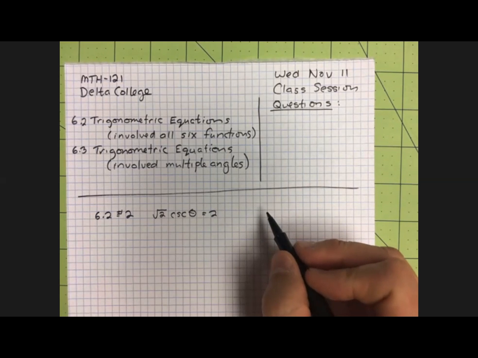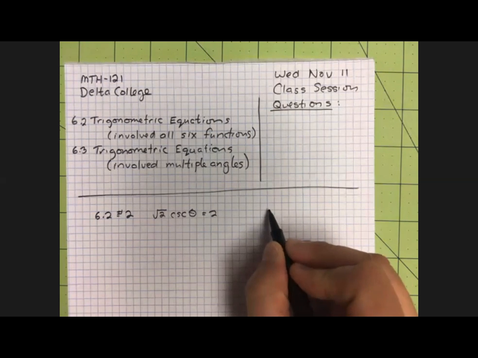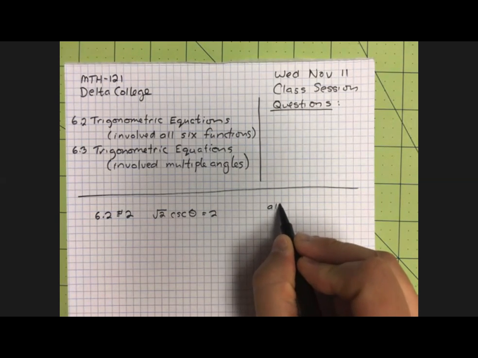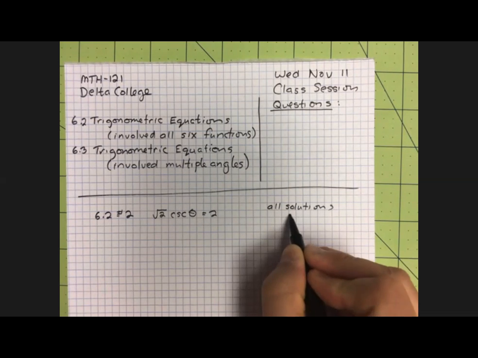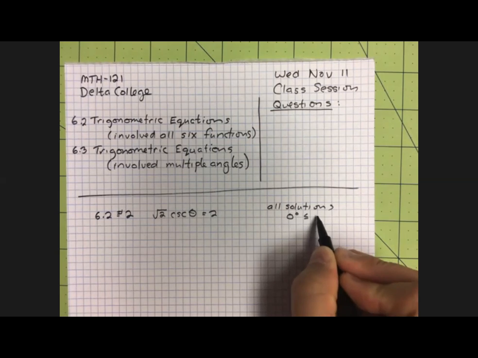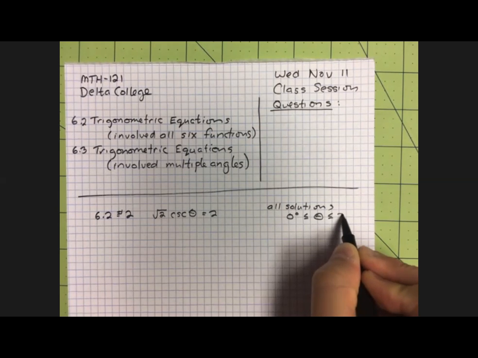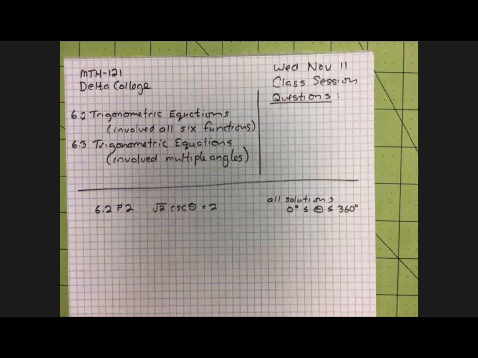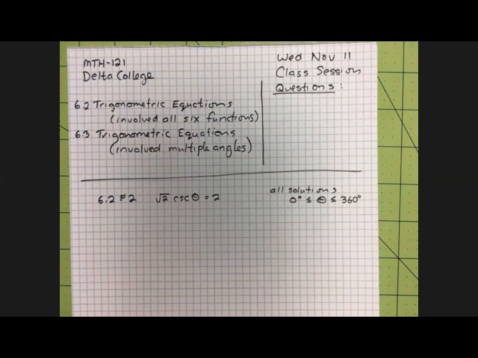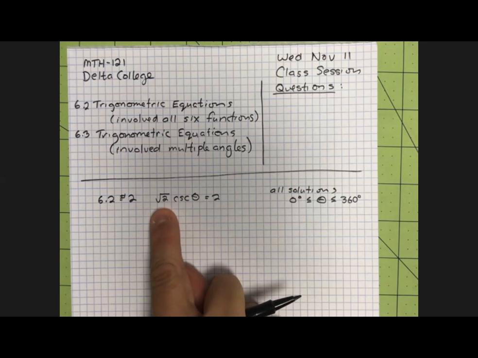So he wants all degree solutions from 0 degrees to 360 degrees. And I bring this problem up here because it's a short problem, just to get us back into the swing of doing these. So what's the procedure?